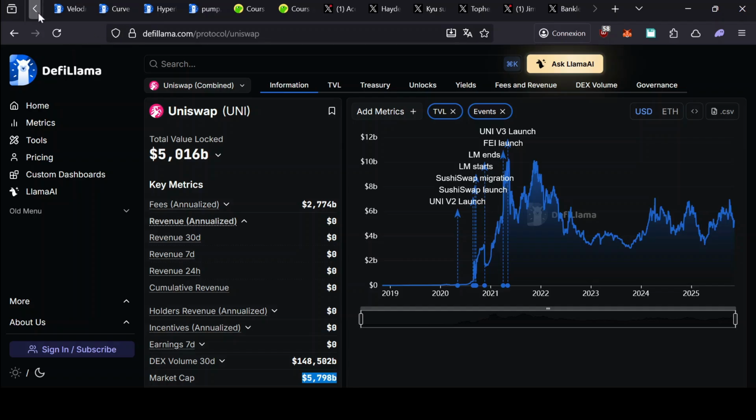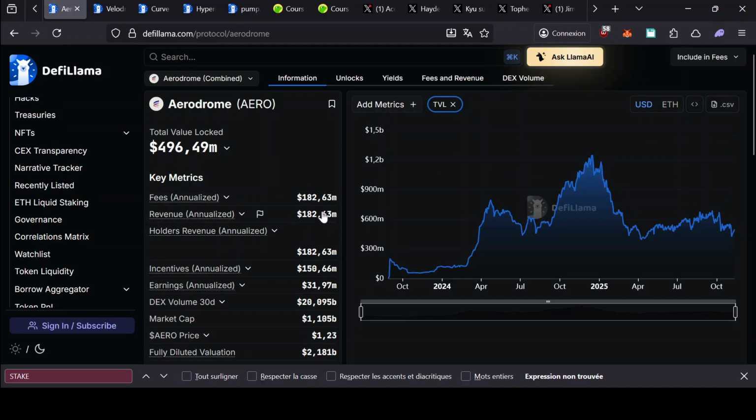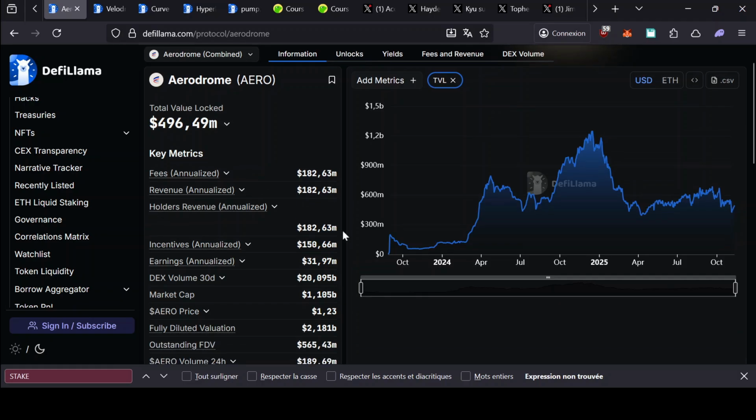The real question, so, is will Aerodrome actually manage to compete with Uniswap in the long term? Because Aerodrome is very profitable. It earns more revenue than it distributes. It spends around $150 million, like I said, in incentives, but it generates over $180 million in fees. So still profitable and potentially sustainable over the long term, as long as they can maintain that ratio and keep growing the protocol.